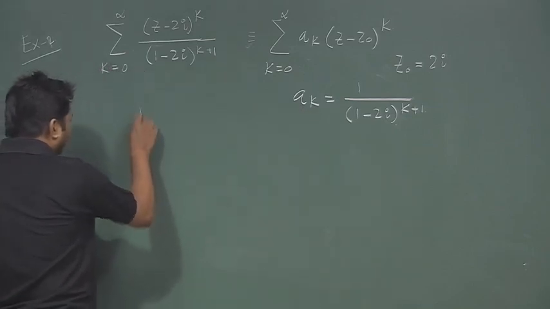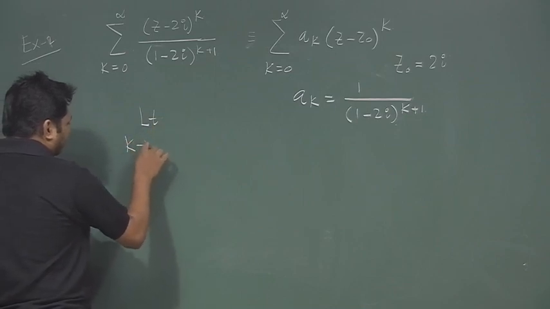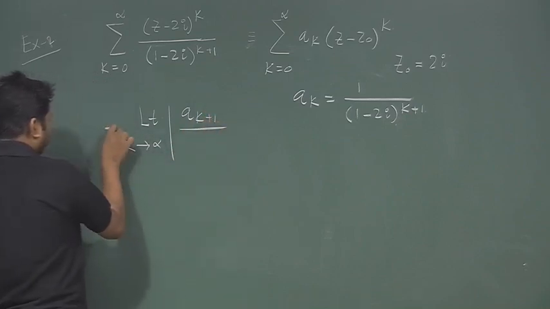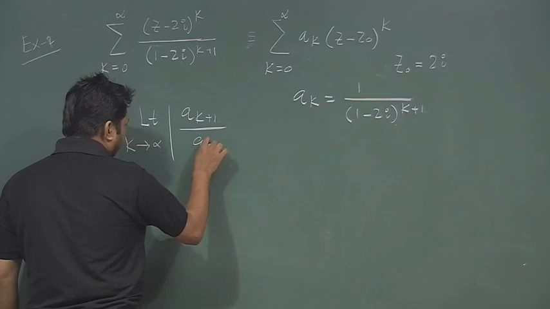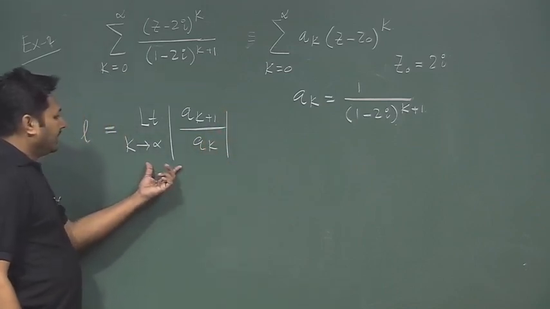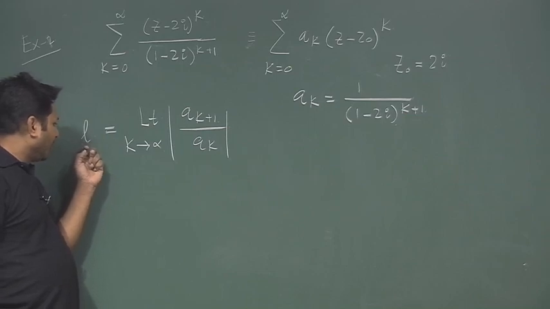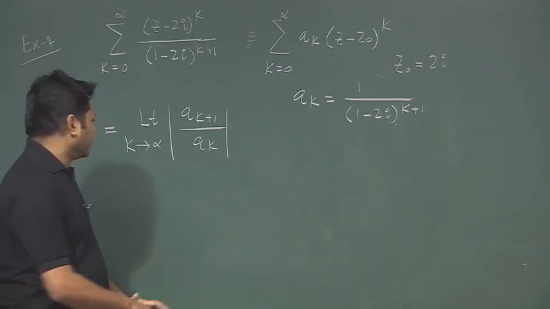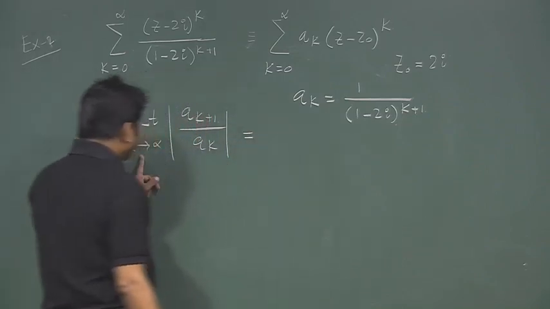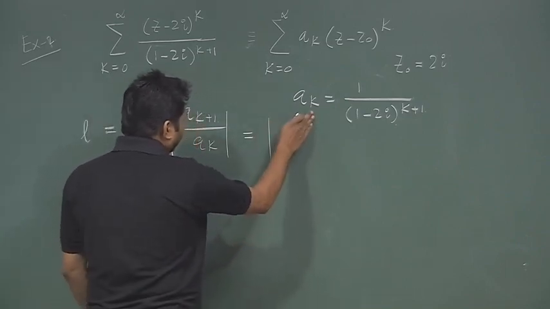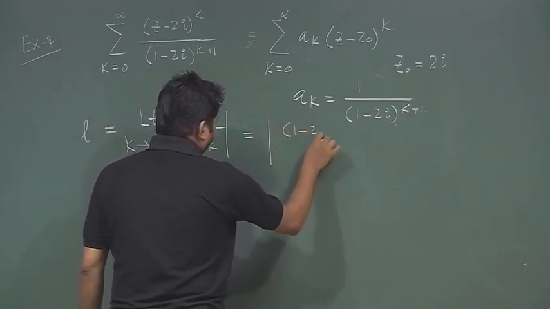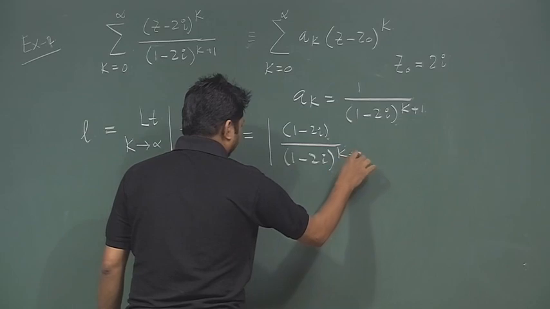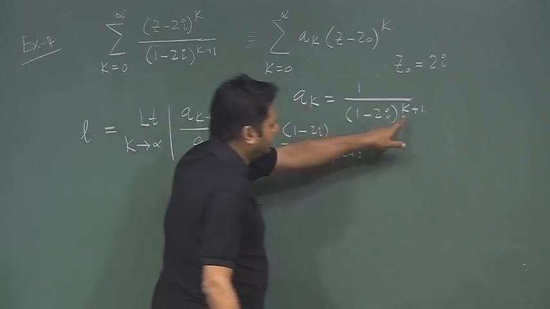So, now the rest part is quite mechanical. I need to again find out the value of this quantity, because this is my small l. So, small l is this quantity. Once I find small l, the R will be just 1 by l, then I can find out the radius of convergence. So, if k tends to infinity, this I put. So, a_{k+1} will be 1 by (1 minus 2i) to the power k plus 2, because a_k is this plus 1.